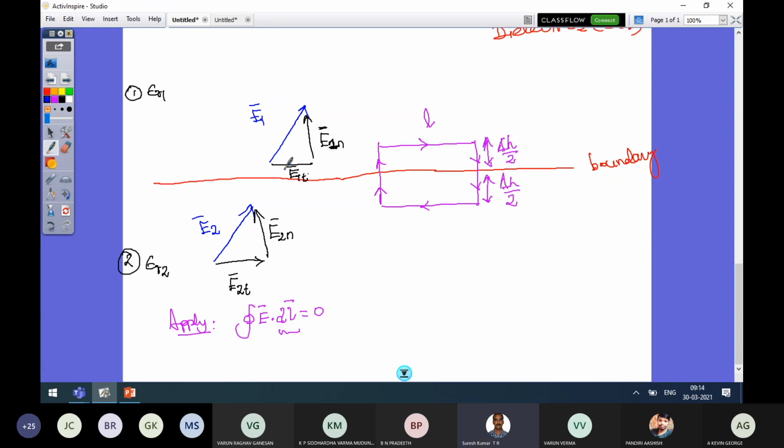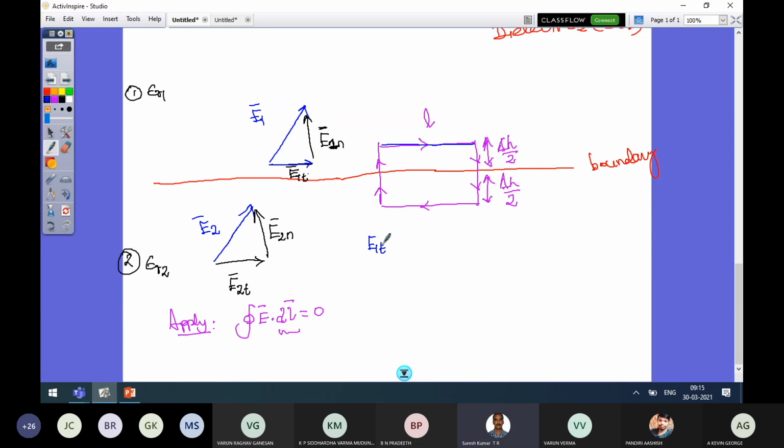Let us start first with this E1T dot product with dl. You need to take the dot product between the parallel vectors. With this vector E1T, this is the parallel displacement vector.